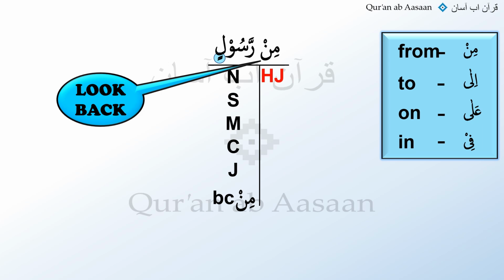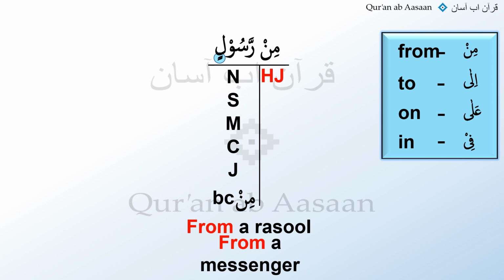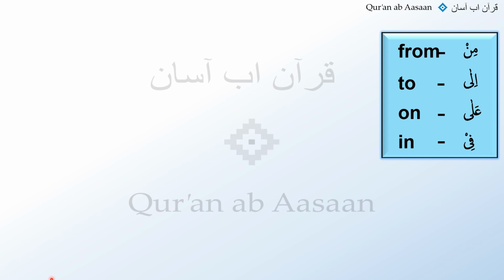So we'll say min Rasulin, and the translation would be from a Rasul or from a messenger. Beautiful. Alhamdulillah. Now we can analyze a combination of more than one word. Congratulations.